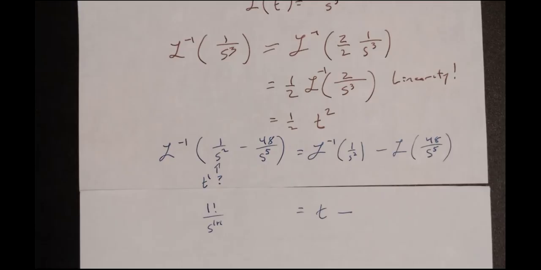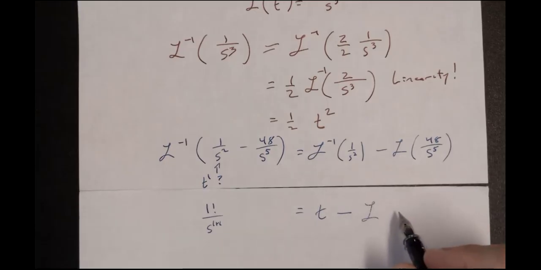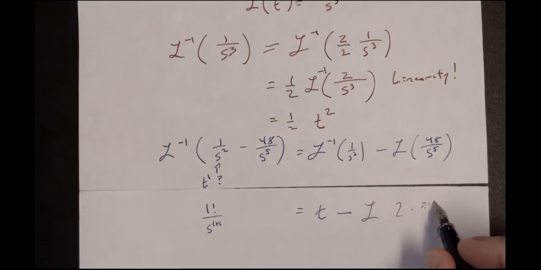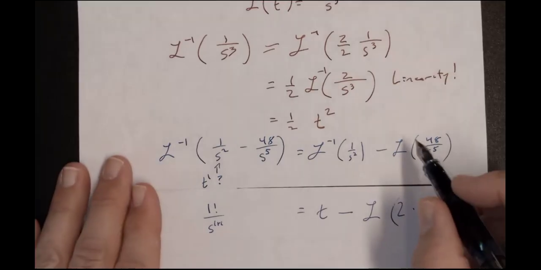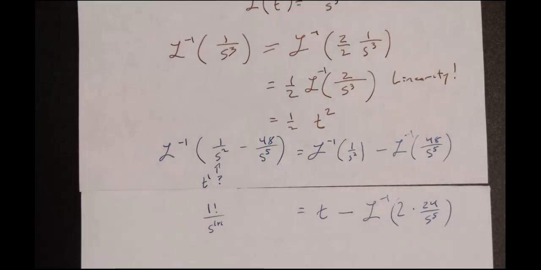But I have a 48, so I'm off by a factor, aren't I? Well, I can say this is really 2 times 24 over s to the 5th, right? Inverse. I forgot my minus ones. Because 48 is twice 24. Then I take this 2, put it out front.